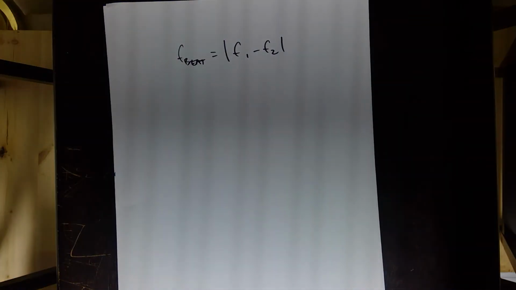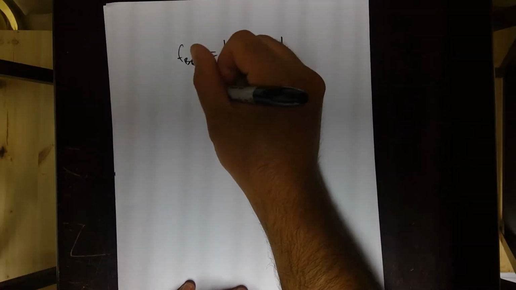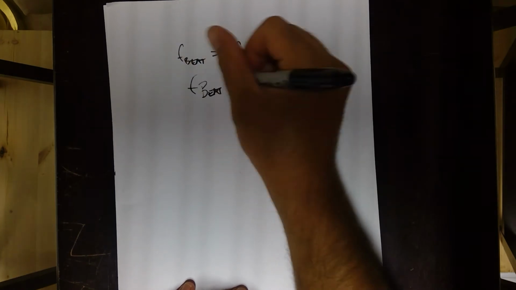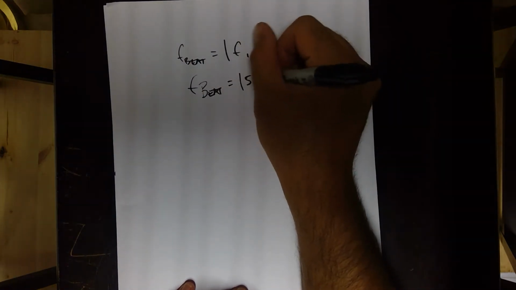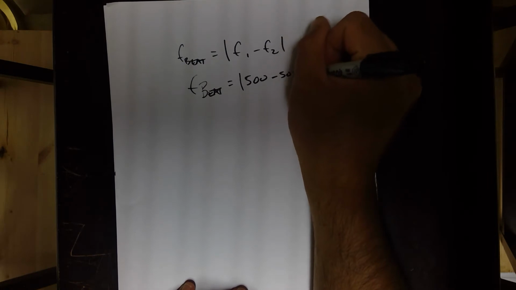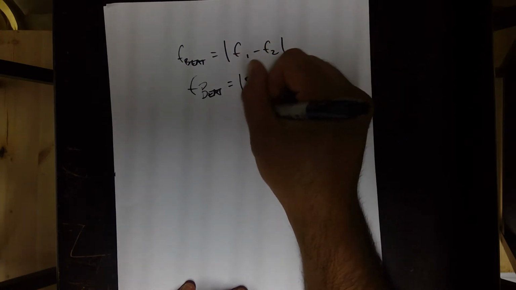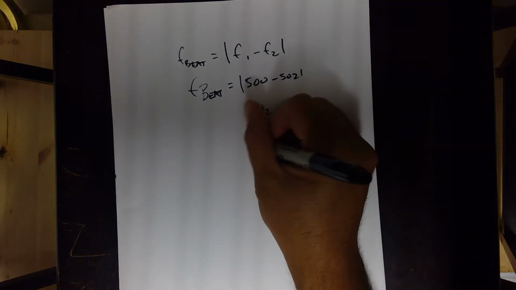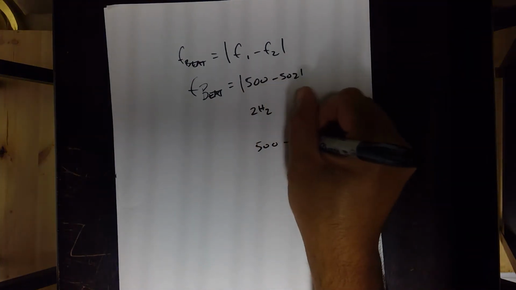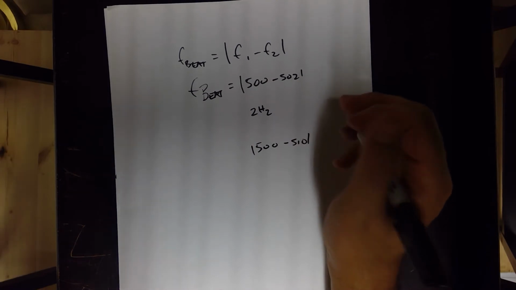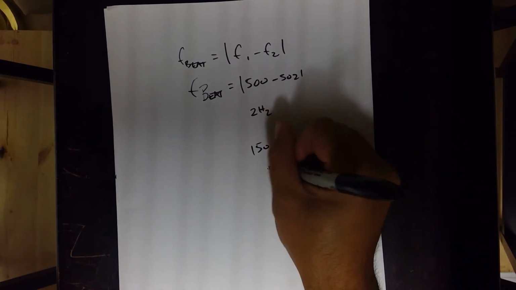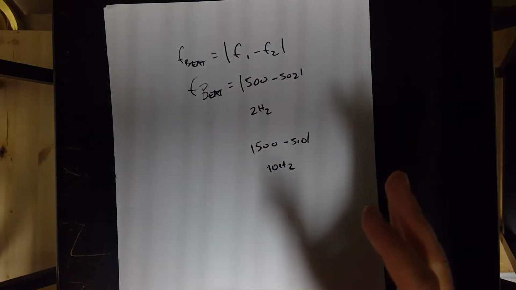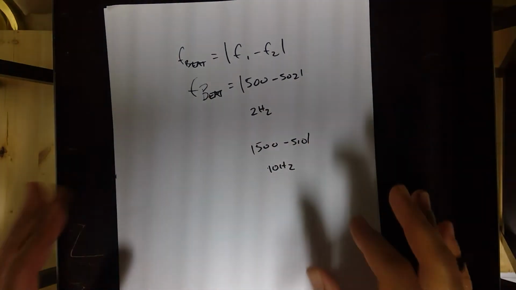So when I had the 500 and the 502 playing, the beat frequency would literally be 2 hertz, which means that you hear 2 volume oscillations per second. But when we did a difference of 10 hertz, we get a beat frequency of 10 hertz, so we hear 10 volume oscillations per second. Pretty simple, very easy calculation.